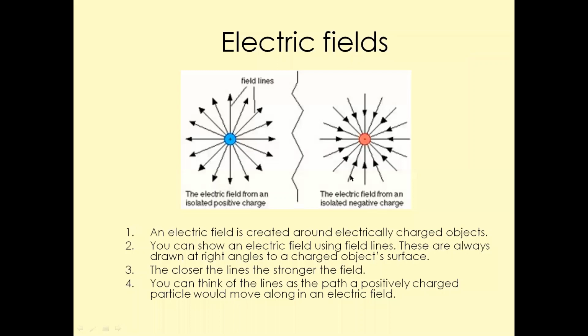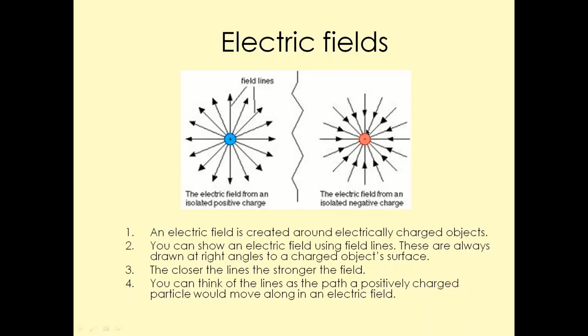The exam question would be, they will give you a positive charge or a negative charge, and they'll give you these lines. What they ask you to do is to draw the arrows to show the direction of electric field lines. Now, if it's a positive charge, the direction of the field lines is always outwards, because a positive and a positive will repel each other.